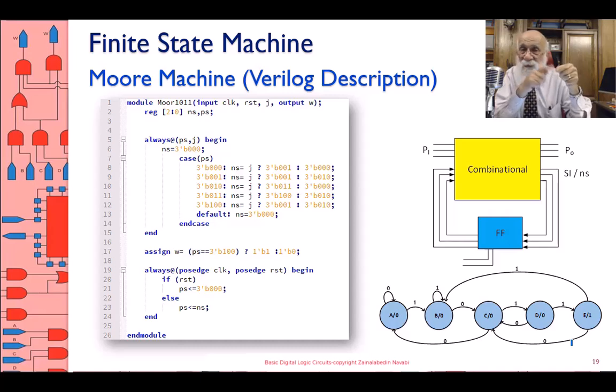The transitions themselves decide on an always statement that is combinational and that corresponds to going from one state to the other. Then decide on the output value. That itself also gives an assign statement or an always statement. And then you have the register transfer. So this is what we have.